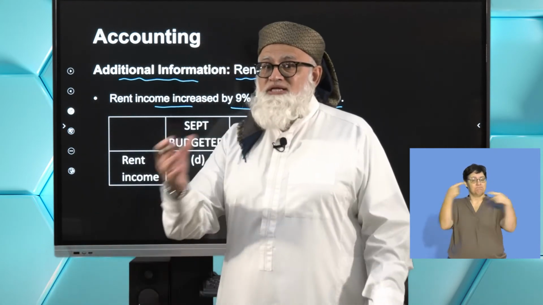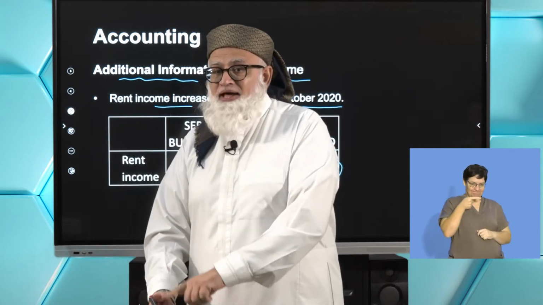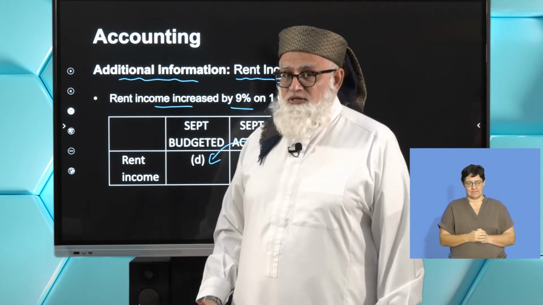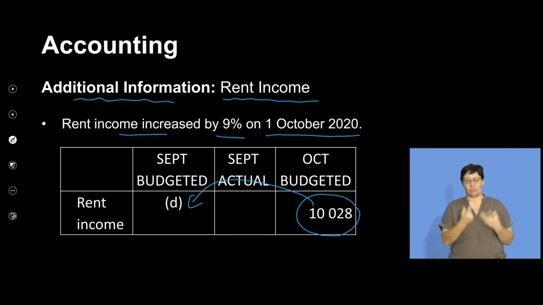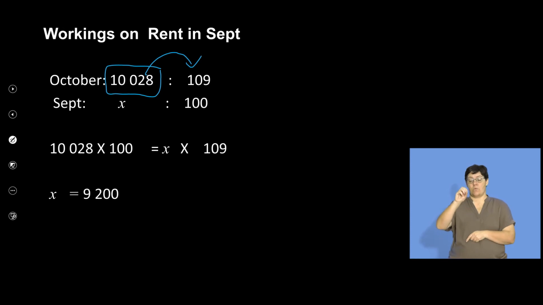Now, it is totally different. You are given the October information, and you are now expected to calculate the September information. Right, let's do that. Okay, this is what we do. Firstly, we know that the October figure of 10,028 is equal to 109%. Right?